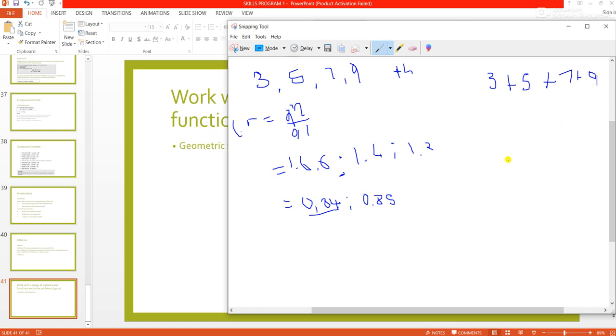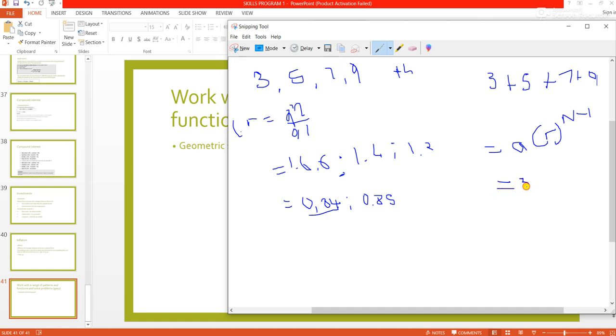So the formula for a geometric sequence is a times r to the power n minus 1, where a is the first term.